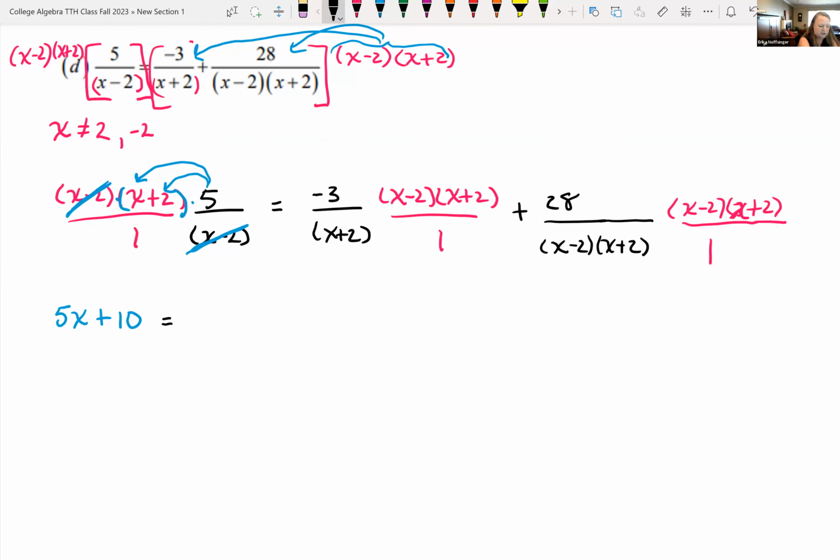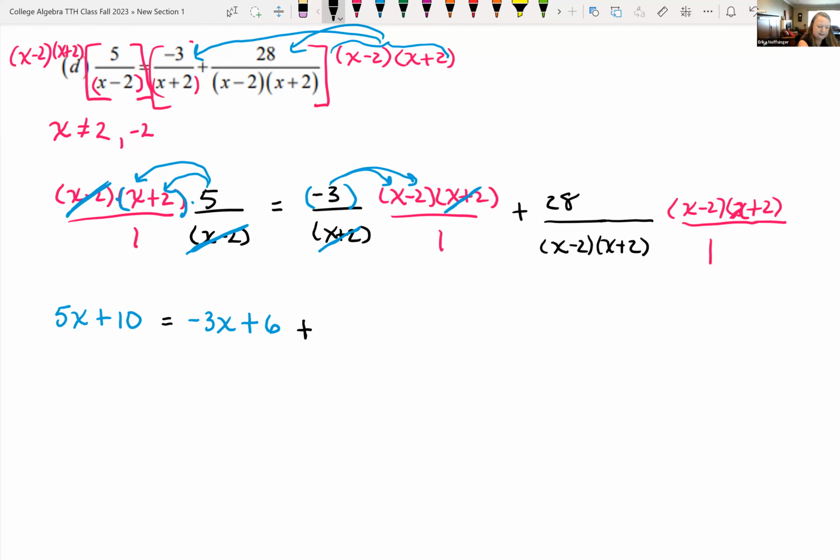This is equal to, so on the other side, canceling like factors in the numerator denominator, first grouping x plus 2 is the same. So let's take this -3 here and let's distribute it to the factor that is left, x minus 2. So I get -3 times x is -3x, and -3 times a -2, negative times negative is positive 6.